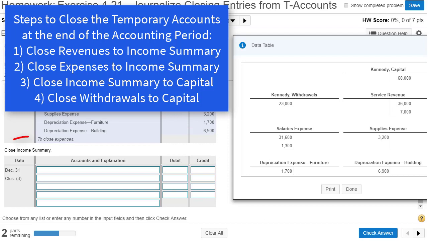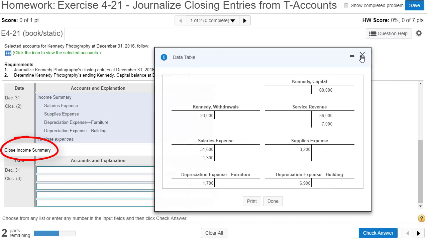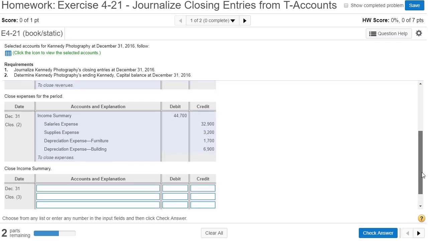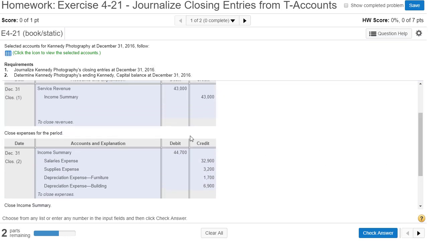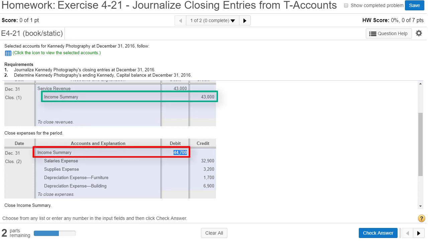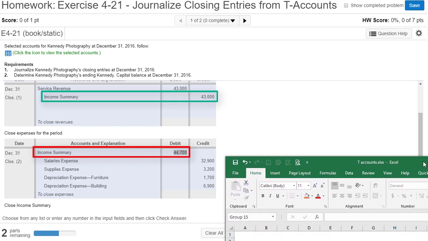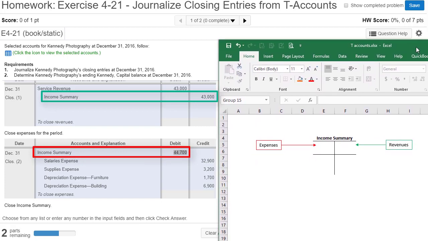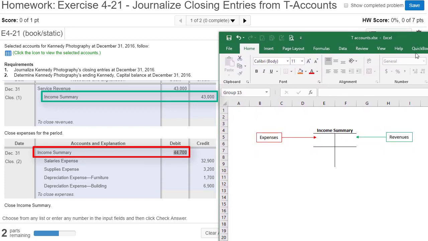Step 3, we need to close income summary. So to calculate how we're going to close income summary, we need to do a T account on a piece of scratch paper to show us what our balances are in income summary. So I'm going to close the data table. We don't need that for this step. And I'm going to scroll up so I can see the 2 places where we have affected income summary. I'm going to do my T account in Excel since it's hard for me to show you scratch paper.